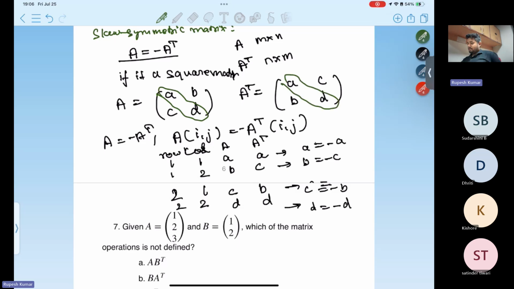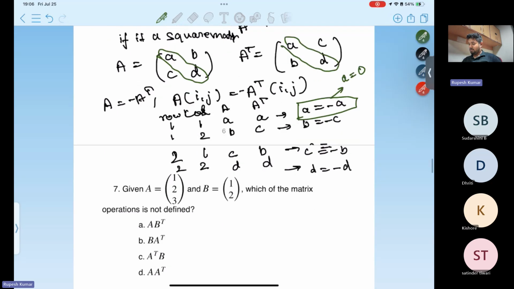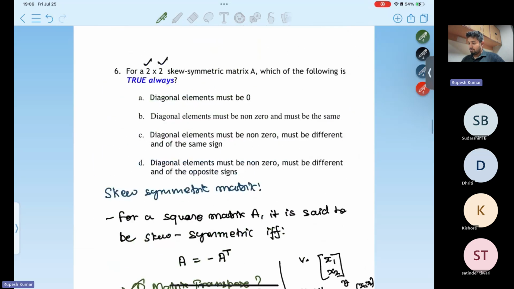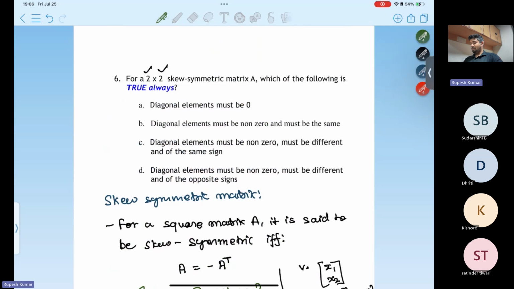When you say a number A equals minus A, what does this mean? There is one single number that satisfies this criterion, that is A equals 0. No other value satisfies this. Again, D equals minus D is only satisfied by D equals 0. Is there any other solution? No. So the correct answer is that the diagonal elements must be 0.